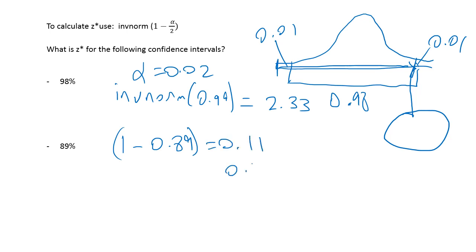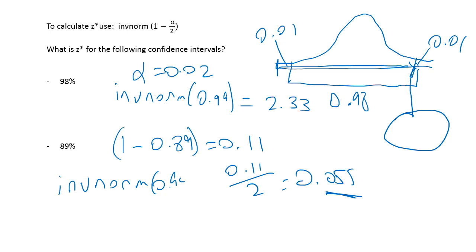Half of 0.11 is 0.055, and then I subtract that from my total distribution because there's going to be this much on each end. So for this one, it's going to be inverse norm 0.945, which equals 1.60.